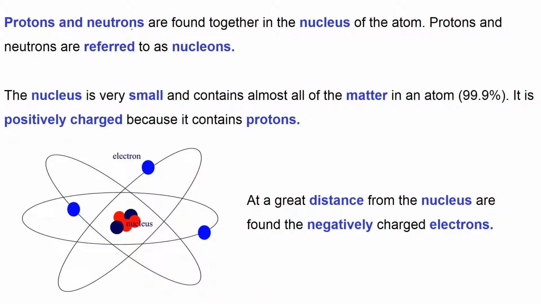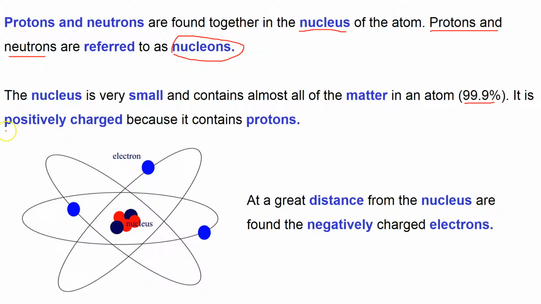Protons and neutrons are found bound together in what is referred to as the nucleus of the atom. Because of this, protons and neutrons are often referred to as nucleons. The nucleus is really, really small, but it contains effectively all of the mass of the atom.